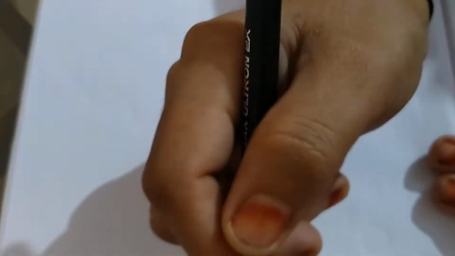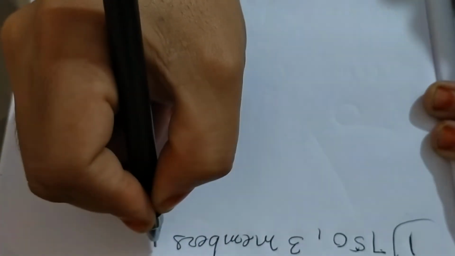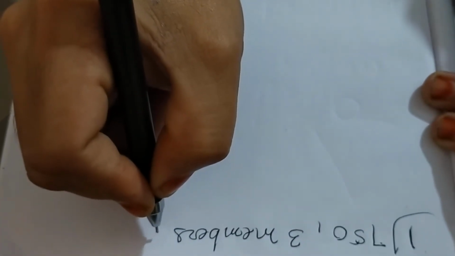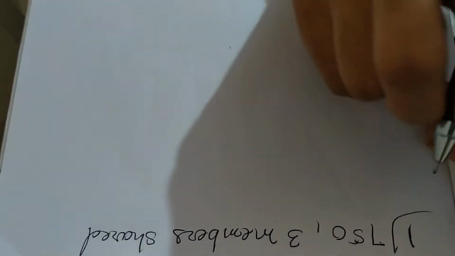The first question is: 750 rupees, 3 members, share. Now we have to write the answer over here.